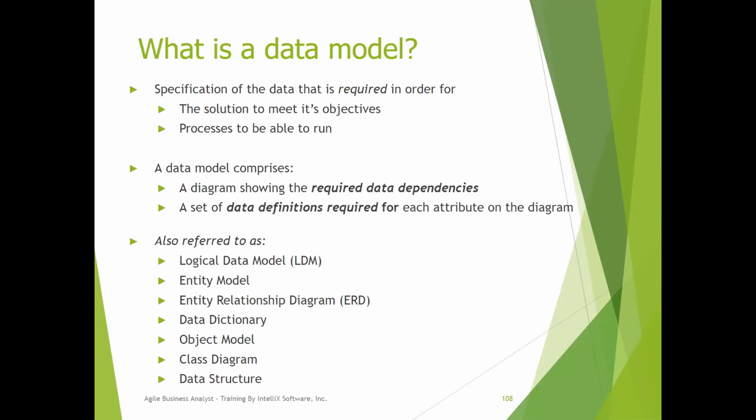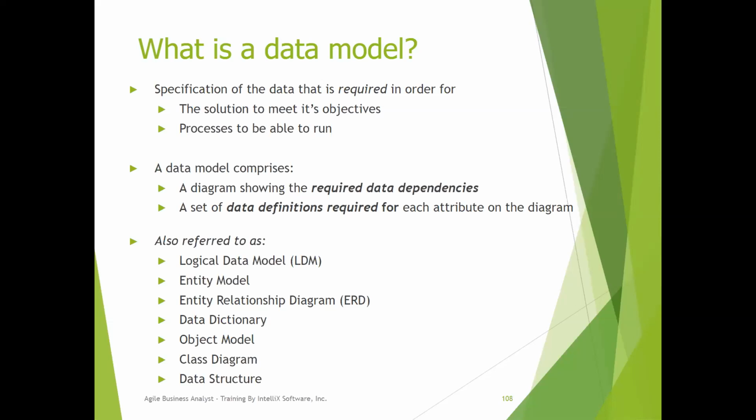So essentially, a data model identifies what the information is, how it's related, and how the processes are dependent on it. It's a diagram that shows the key data elements and how they are dependent on or related to each other. Every time you identify information that flows, whether in a context diagram or a process diagram, you will have some sort of data associated with it.